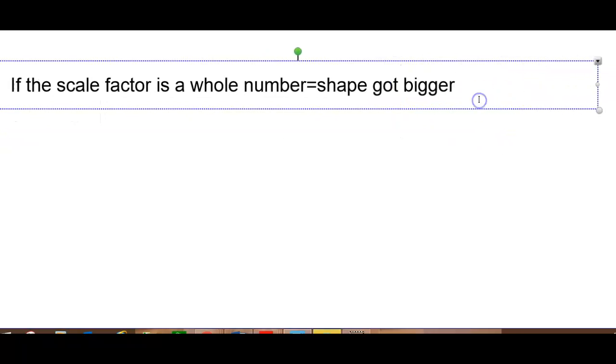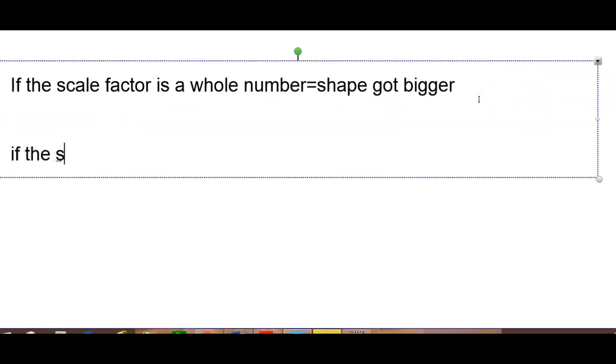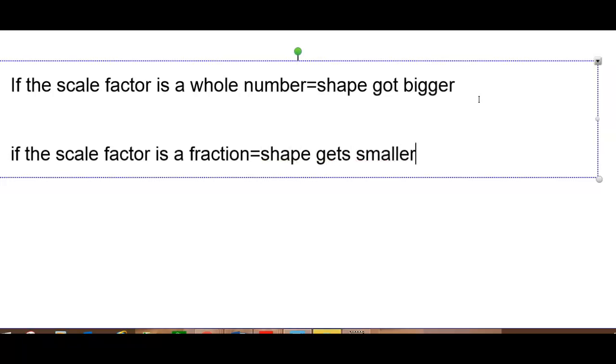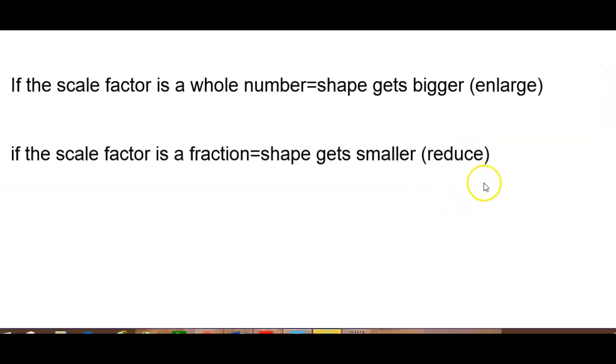Easier to see. And then the next one, if the scale factor is a fraction, the shape gets smaller. And let's make that look the same. Gets bigger, gets smaller. And then what's another name for bigger? Enlarge. Need to make sure that we're sounding very 8th grade about this. And then to get smaller would be to reduce. All right, so just a little extra note to help you guys.